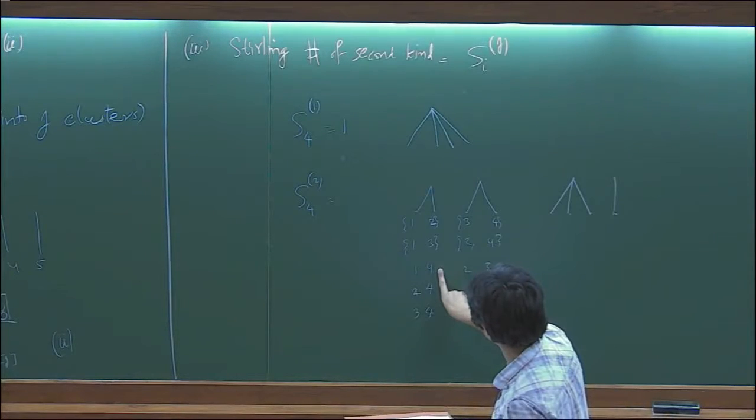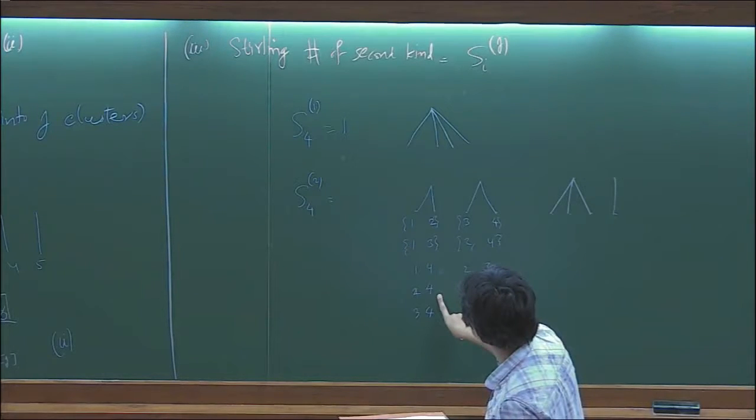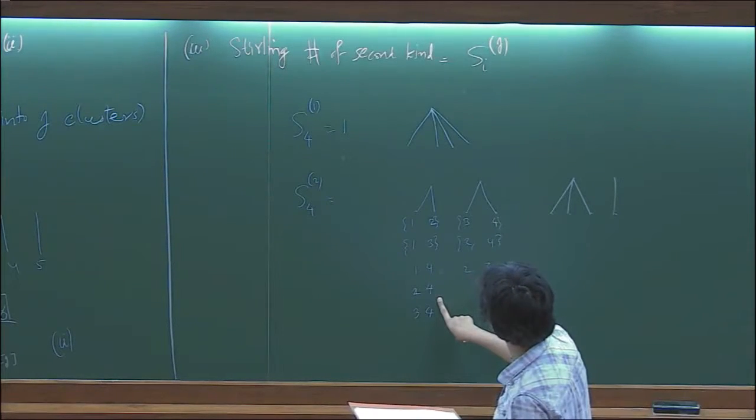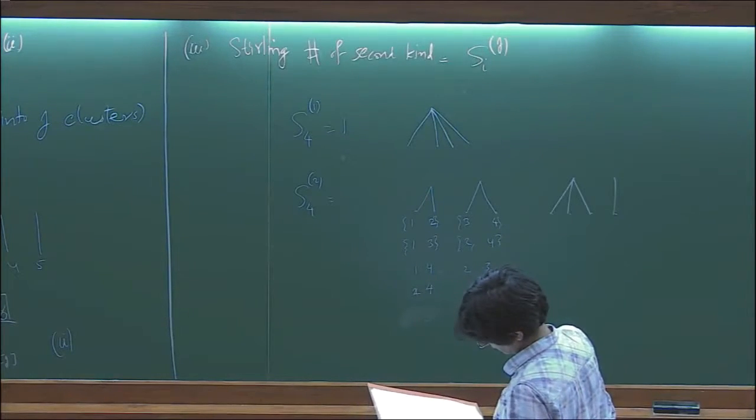Did I miss 1? 3, 4 is also there. Did I miss anything? No, so that's right. Yeah, so there are 3 ways: 1, 2, 3, 4; 1, 3, 2, 4; 1, 4, 2, 3. Am I missing something?